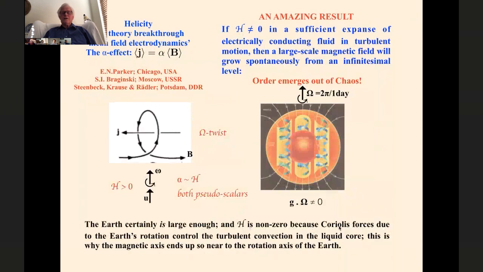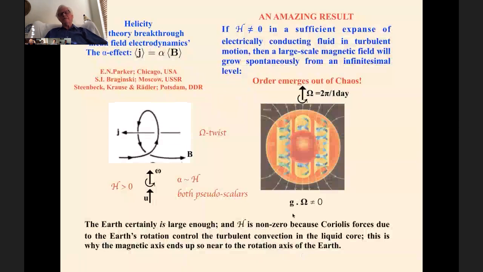H is non-zero because Coriolis forces conspire with turbulent convection in the liquid core of the Earth. This is an artist's representation of the flow. It's why the magnetic axis ends up so near, not coincident, but so near to the rotation axis of the Earth.